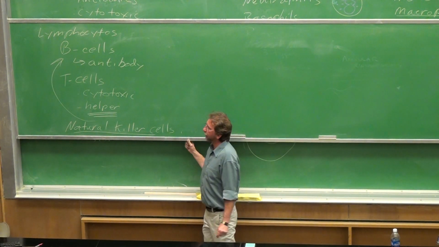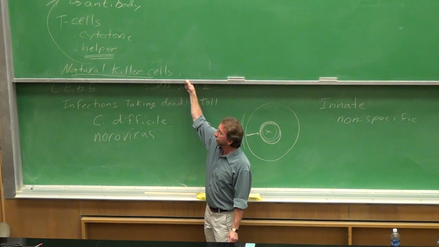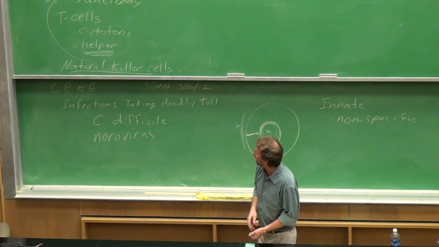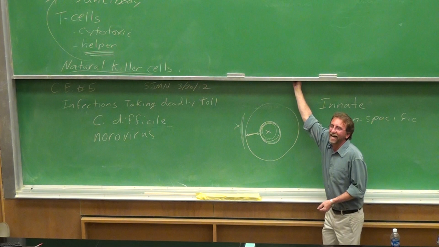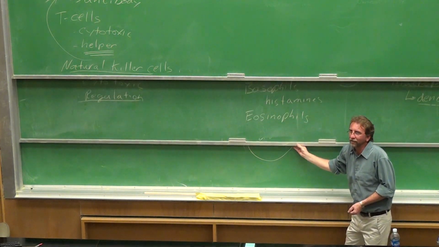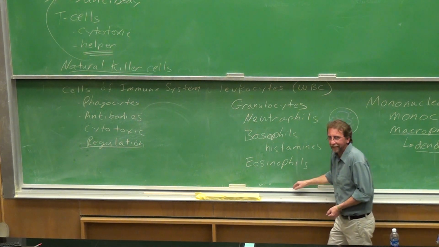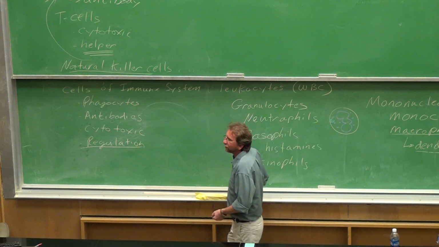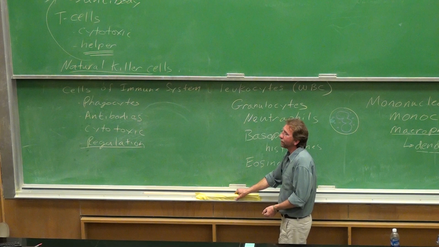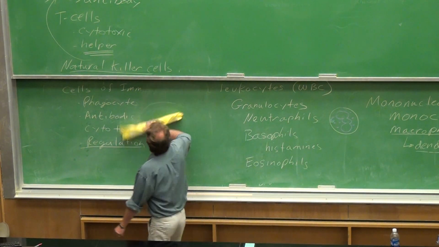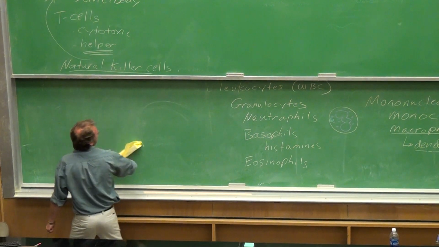Again, we'll say more about that here in chapter 16. Antibody-dependent cellular cytotoxicity, and you don't have to worry about it until chapter 16. And then they spell it out for you in chapter 16.